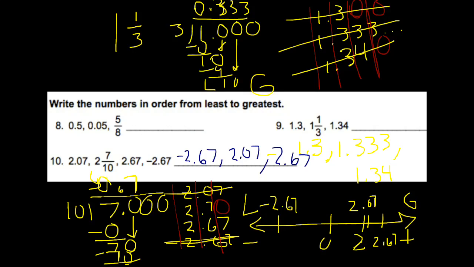And then my last number, which comes after that, is 2 and 7 tenths. I'm going to go ahead and put that number last. And you could always put a 0 at the end and know 67, 68, 69, 70. So when I look at these numbers, they're in order from least to greatest. Make sure that you box in your answers. Make sure you box in your 2 answers, and you are good to go.